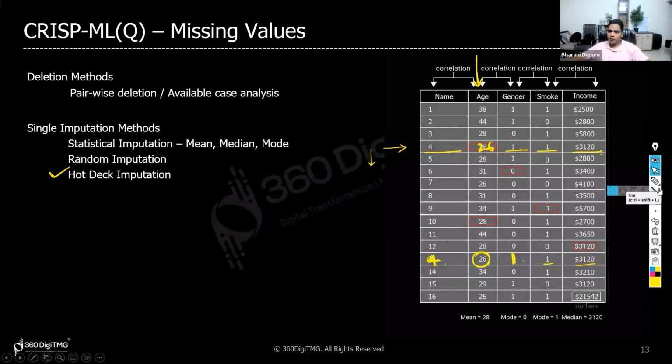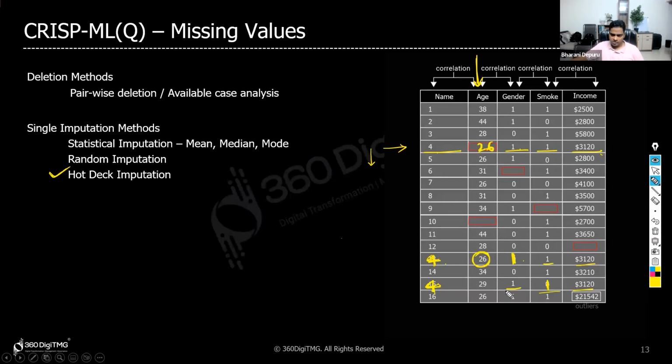There is another variant of hot deck imputation. It would not just stop at the first match. There are multiple ways of using hot deck imputation, and the second variant is that it will keep traversing and say it finds another match which is exactly the same: 4, 1, and here also 1, and then 3120.